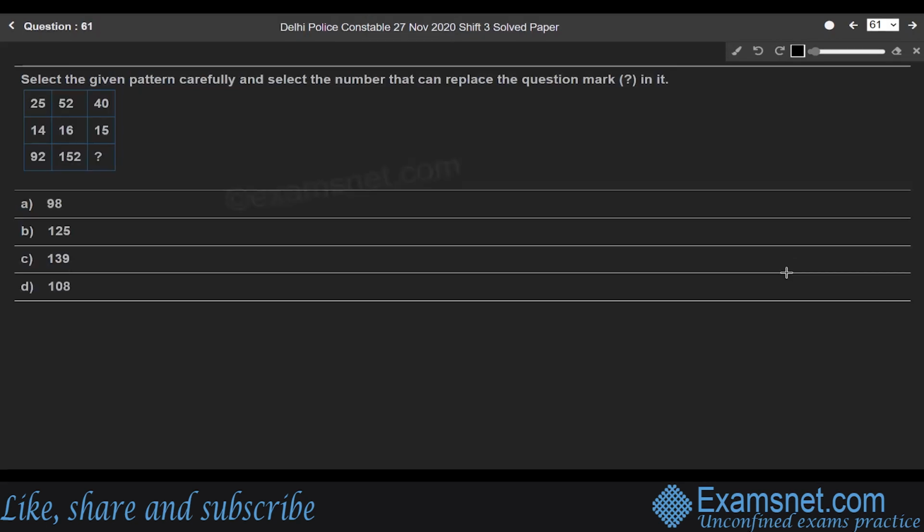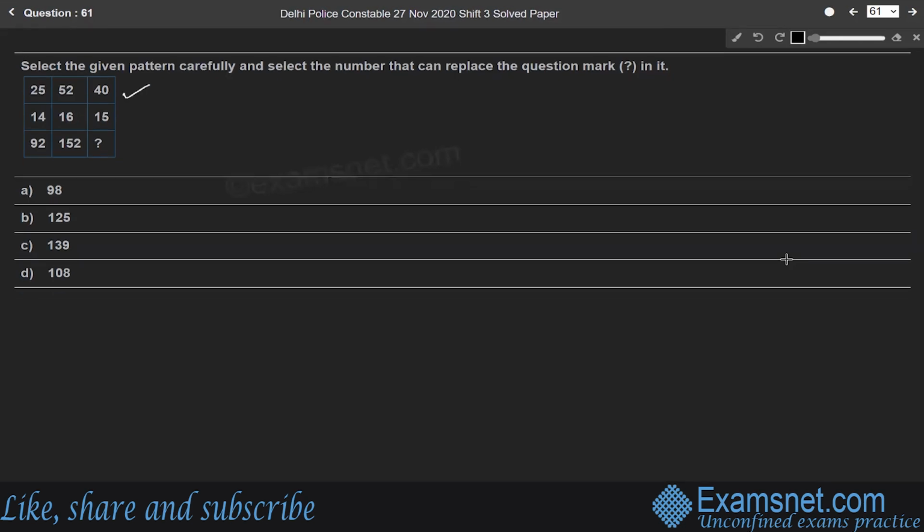Question 61. Select the given pattern carefully and select the number that can replace the question mark in it. So here the pattern is like this. In this there are three columns, first, second and third column. In column 1, the first number is 25, right?